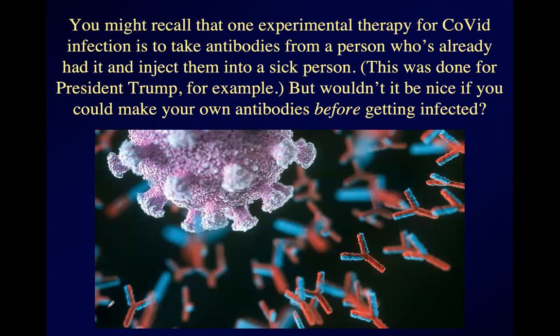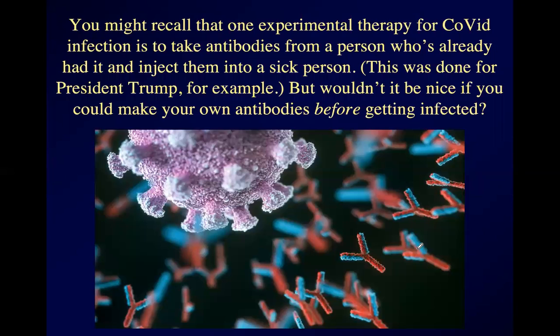You might recall, this was in the news, but there's an experimental COVID therapy where you can take antibodies from a person who has already had COVID. You can do this by taking some of that person's blood. If you're recovering from COVID, those antibodies are going to circulate in large numbers in the bloodstream for some time after you've had it.